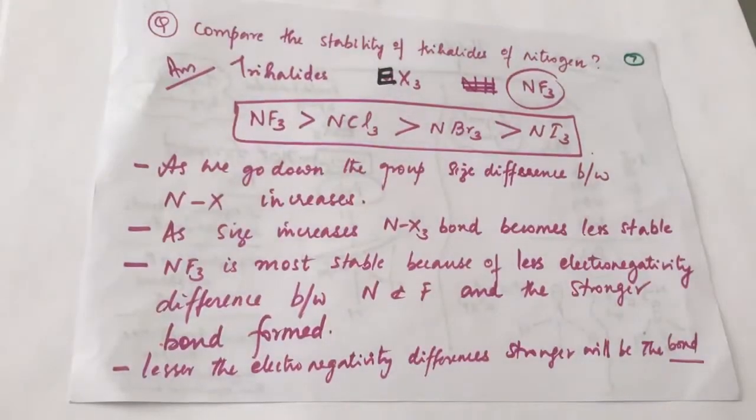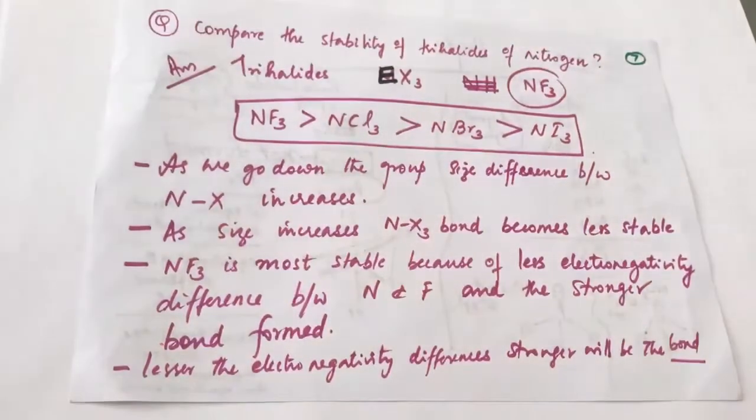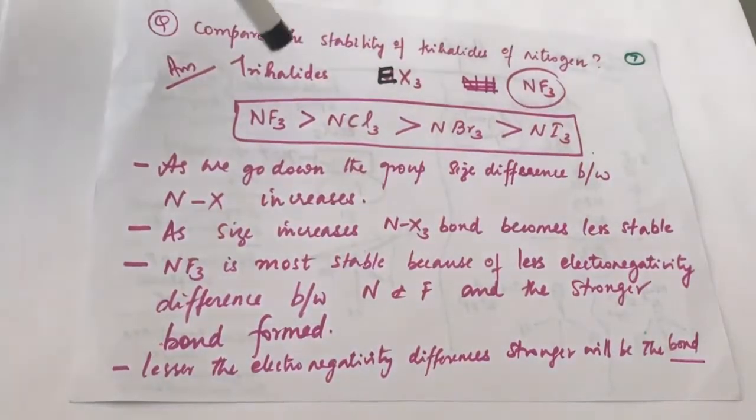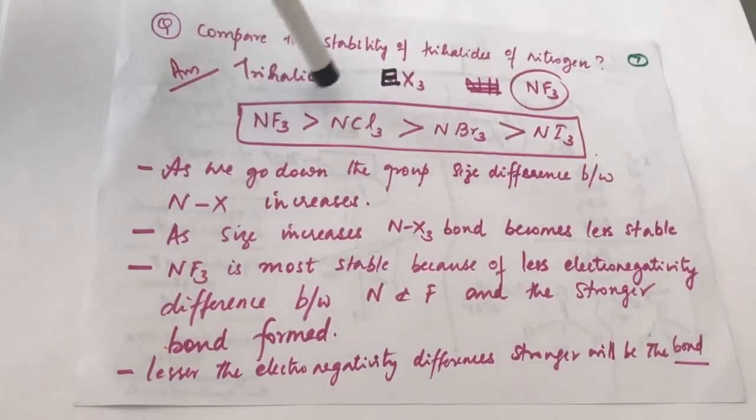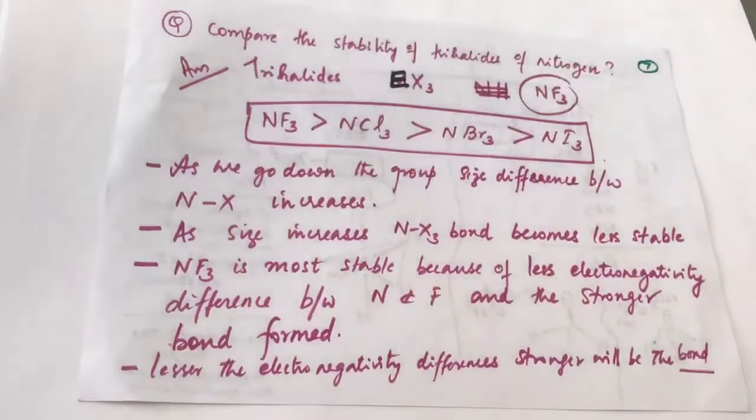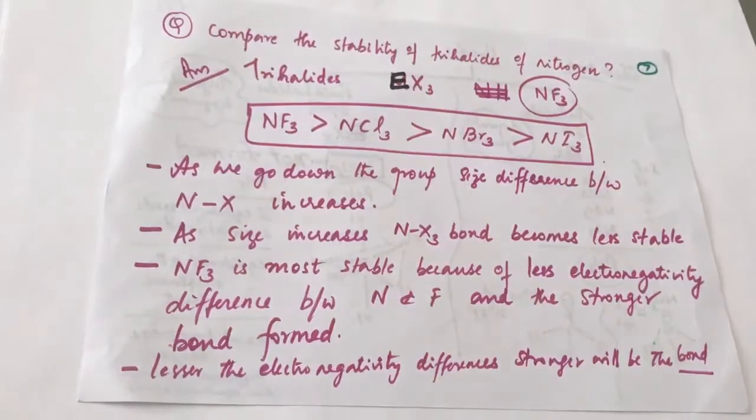Then it can be fluorine, then it will be NF3, nitrogen and fluorine, nitrogen and chlorine, nitrogen and bromine, nitrogen and iodine. Like that we have made the trihalides of nitrogen to test and compare their stability.